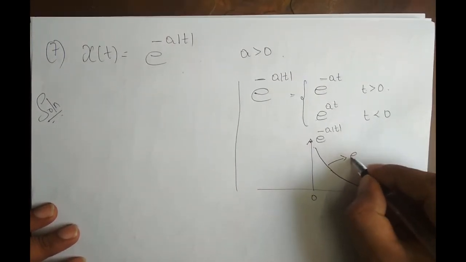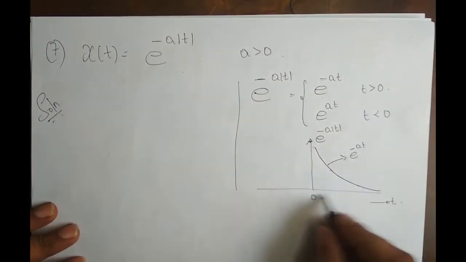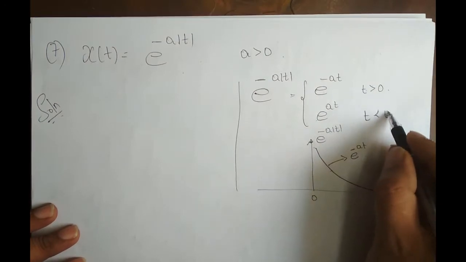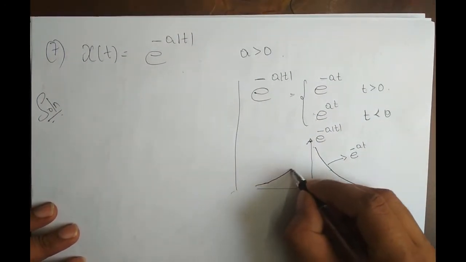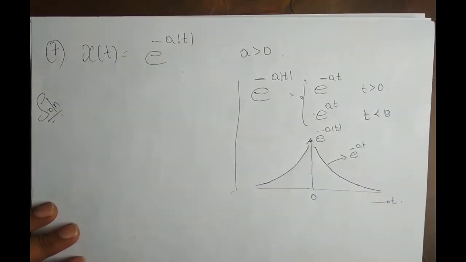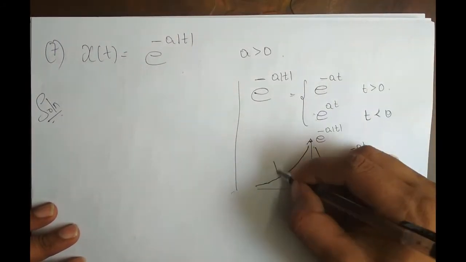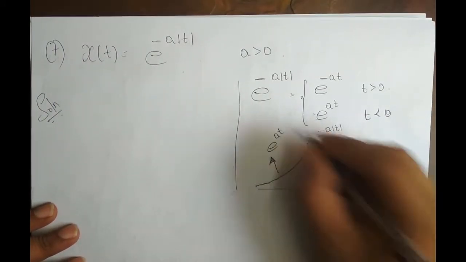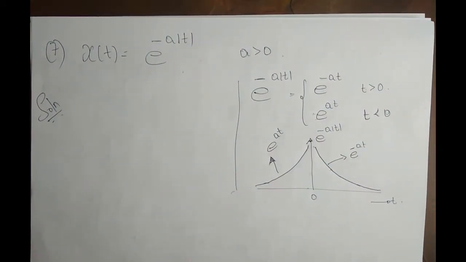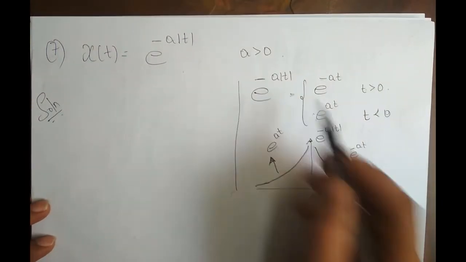So this is e power minus at for t greater than 0. What about t less than 0? For t less than 0 it is an exponentially increasing signal, and a is the rate at which it is increasing. So this is e power at. This is how e power minus a mod t is defined.